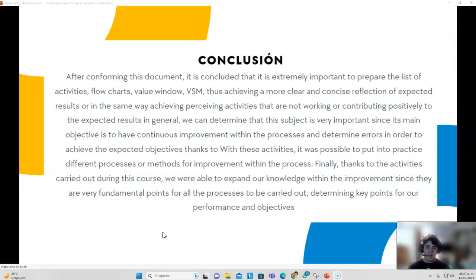So let's see. First of all, one of the greatest things I'd like to conclude from this project is that there are a lot of quality tools that are really important in normal daily life. It's really useful, especially the value window.